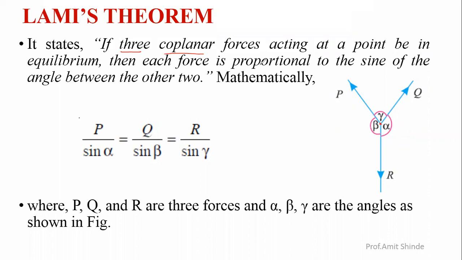And the statement says that if these three forces are acting on a point, each force is proportional to the sine of the angle between the other two forces. According to this figure, force P is proportional to sine of angle alpha, force Q is proportional to sine of angle beta, and force R is proportional to sine of angle gamma, where P, Q, R are the three forces and alpha, beta, gamma are the angles between them.